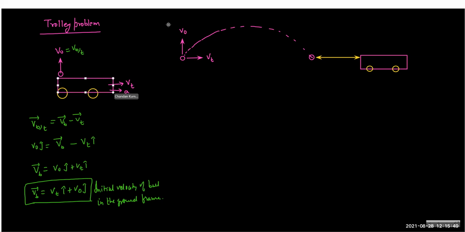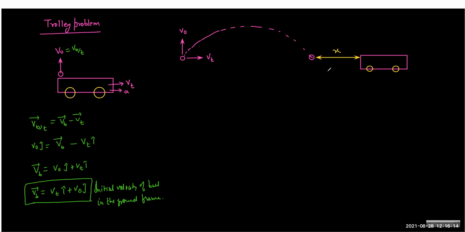All right, I hope this is okay. Now when the ball comes back to the same point, the trolley must be ahead of the ball, isn't it? The question: what is the gap between the ball and the trolley?